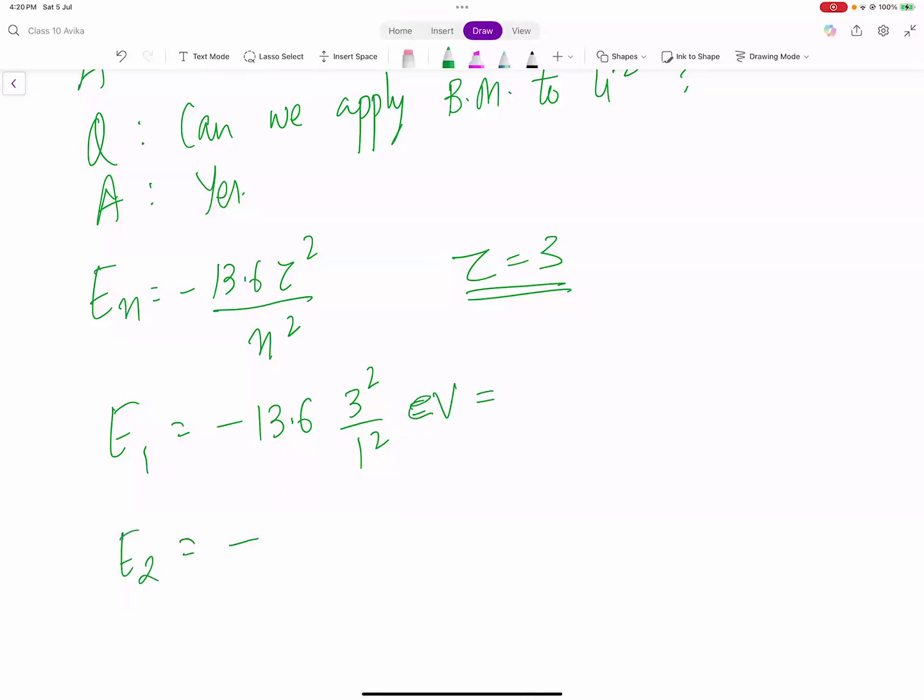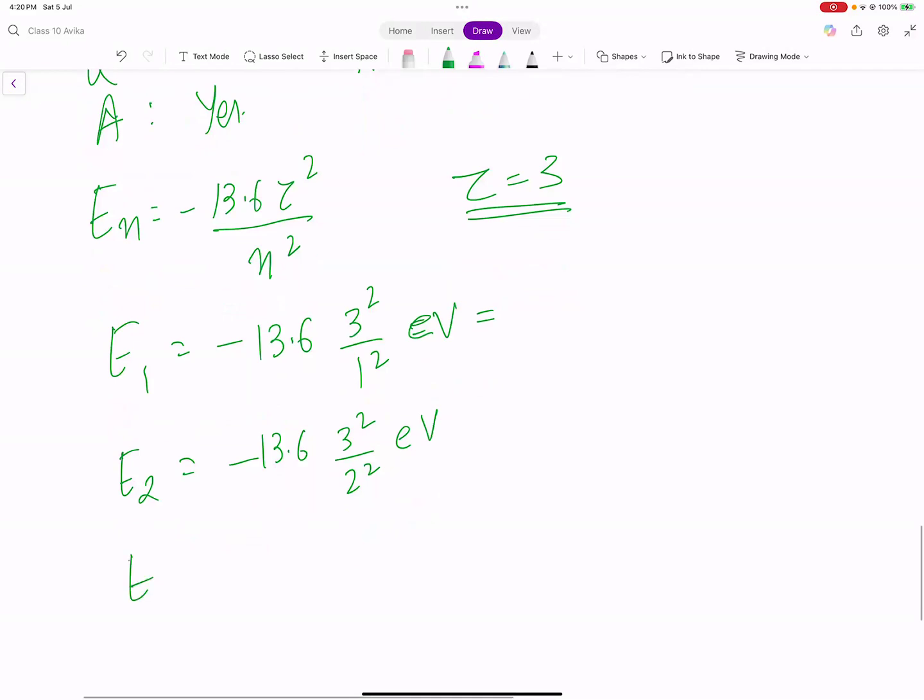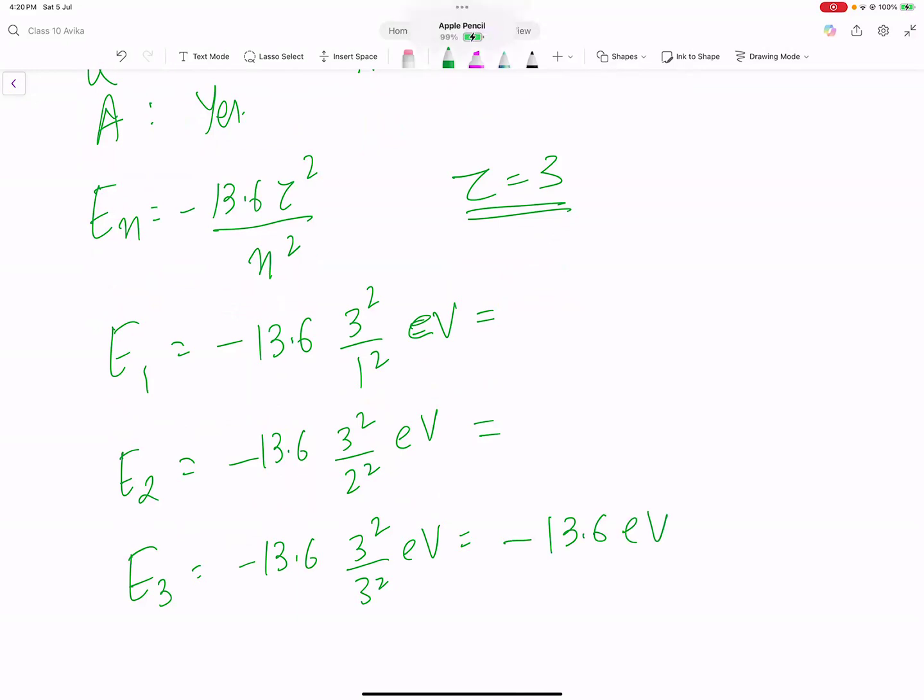E2 is minus 13.6, 3 square by 2 square eV. And E3 is equal to minus 13.6, 3 square by 3 square eV. So this is minus 13.6 electron volts.